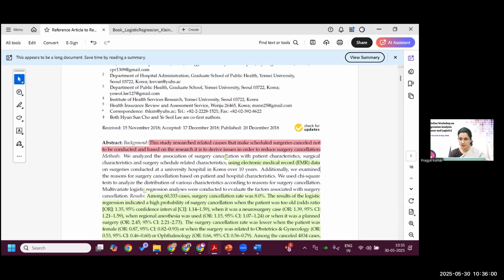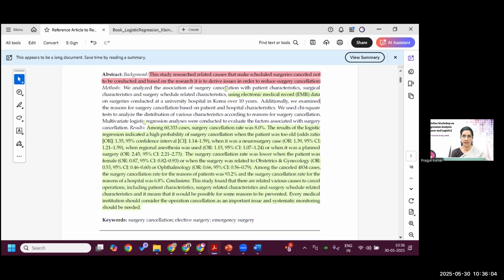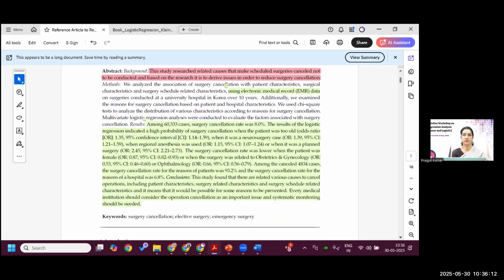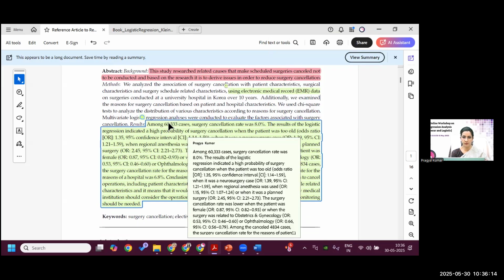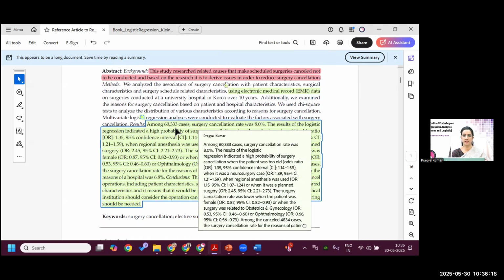Now, if you see the abstract, this is the article which we have used to generate the data. Again, the data is created data. It's not the real data. It's just data created for the workshop purpose. Their sample size was 6,333.